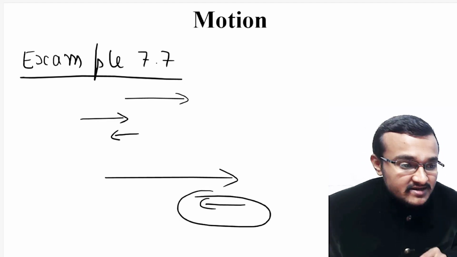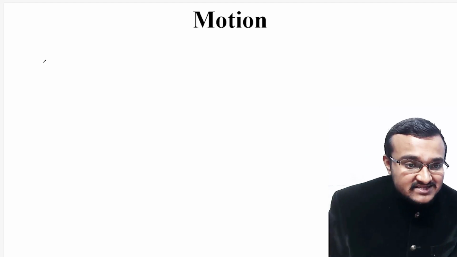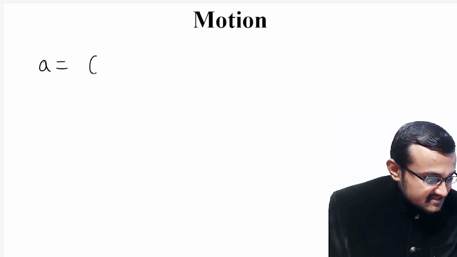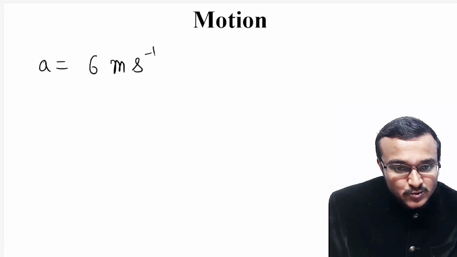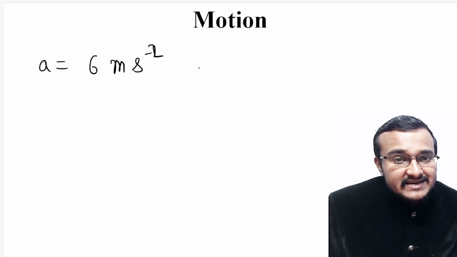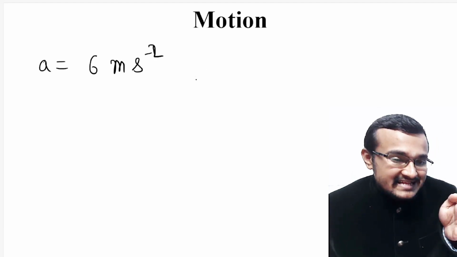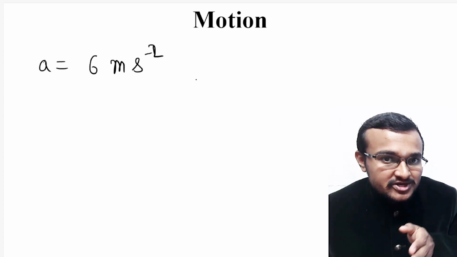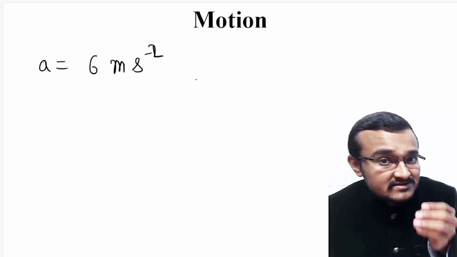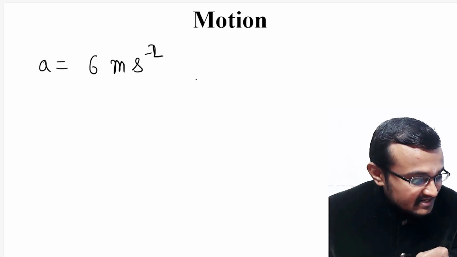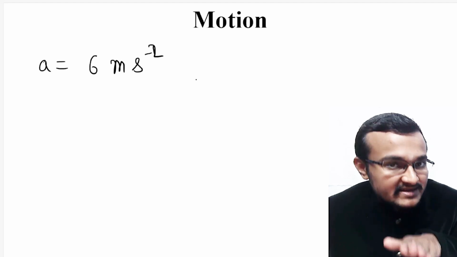So the value they have given for acceleration in the opposite direction is 6 meter per second square, and the time taken to make that car stop. Here they are also giving the final velocity, as the car has come to rest after applying brake.